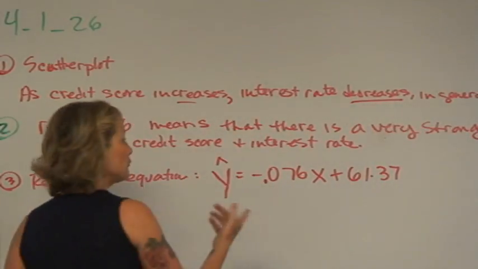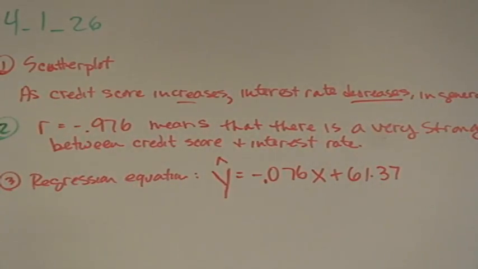Remember, at the y-intercept, what's the value of x? 0. Do we have any zeros in our x's? No. Well, there's one reason it's not meaningful here. It's not in our observed data. Again, once in a while it can be. In this case, no.